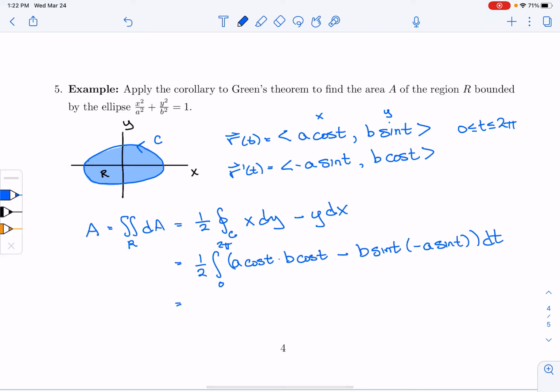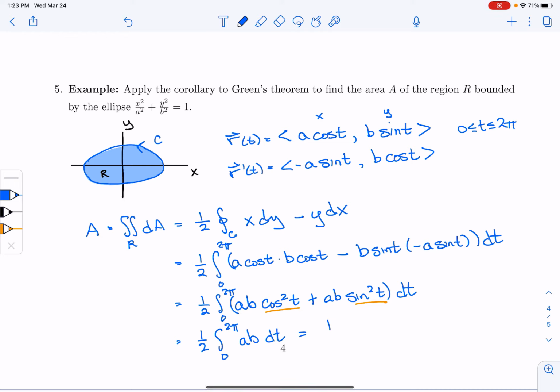So I'm going to integrate 1/2 integral from 0 to 2 pi of ab cosine squared t plus ab sine squared t dt. Of course, we have that cosine squared t plus sine squared t is equal to 1. So we're going to get 1/2 the integral from 0 to 2 pi of just ab dt, which is a constant.